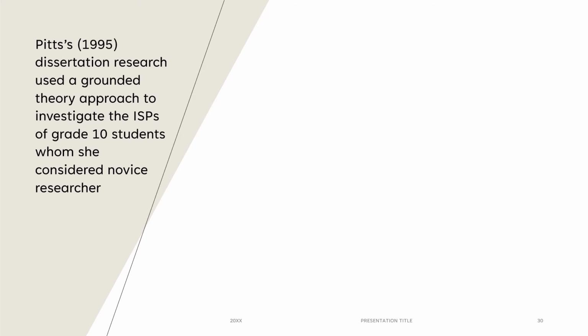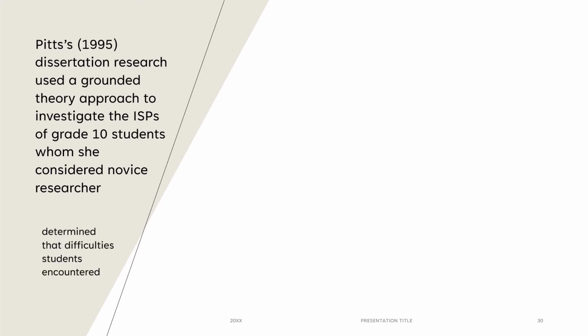Pitts's 1995 dissertation research used a grounded theory approach to investigate the ISP of grade 10 students whom she considered novice researchers. Students in the study had been assigned a video production project on a science topic of their own choosing.